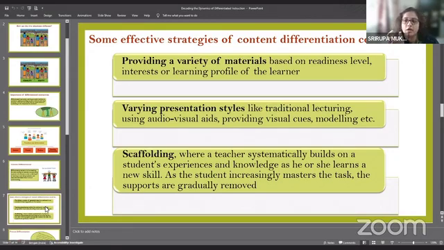So maybe the traditional lecturing system works for certain students, but there may be some students for whom, if you provide the content in the form of audio visual aids, maybe you're showing them a simulation, or the video of an experiment, or a working model or a static model, all of these could be effective strategies of varying your presentation style.